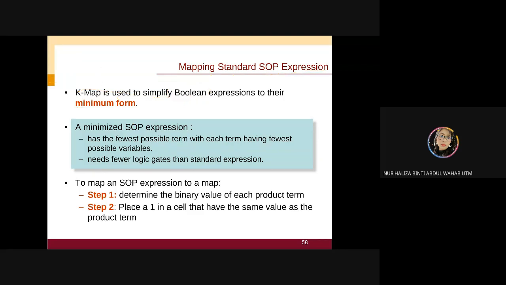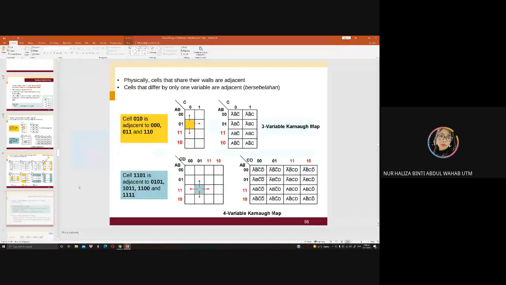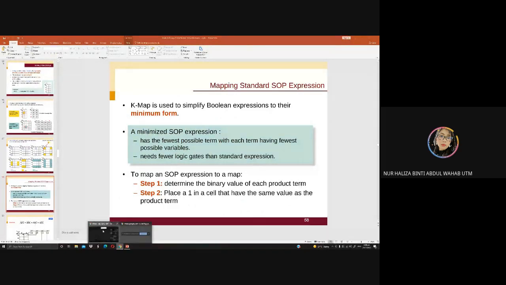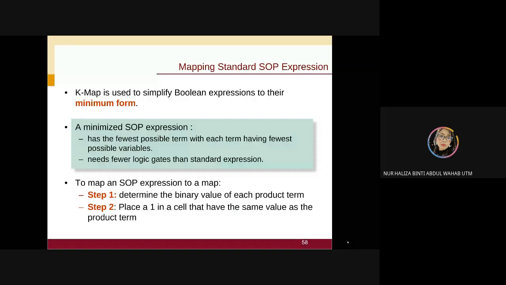What is the objective for you to learn KMAPs? Ada student yang nak masuk ke? Okay. So now over here you can see this is the objective which I already informed you. Minimize SOP expression.